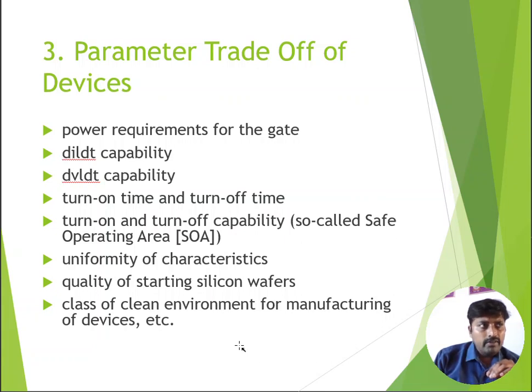Parameter trade-offs in devices means the switches used in FACTS devices always require some power for the gate, and they also require di/dt and dv/dt capability. That means you require some turn-on and turn-off capability limits. You also need uniformity of characteristics, whether you consider the material silicon or otherwise.